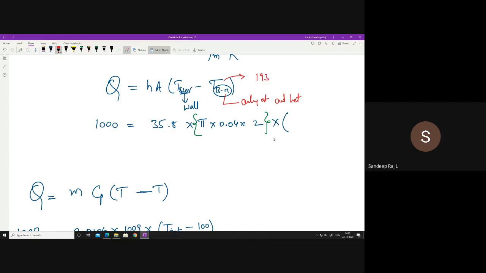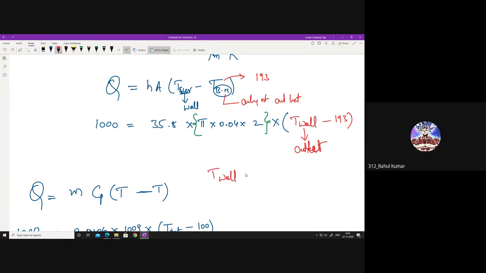So that T wall you will get at the outlet only. That is the exit. What is the temperature of the tube at the outlet? You substitute, you will get T wall.